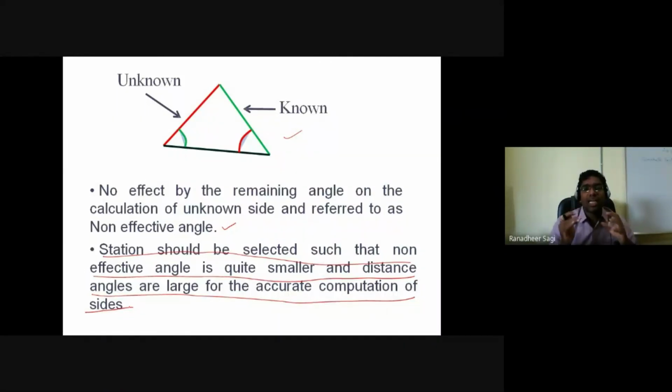However, the other distance angles, the other two angles in the triangle should be relatively more for better accurate calculations when you are trying to find out the lengths of the unknown sides in that particular triangulation network, or a braced quadrilateral network, or a centered polygon network, and so on.